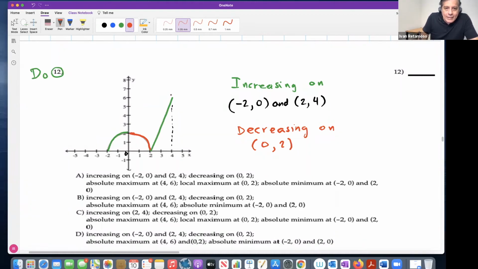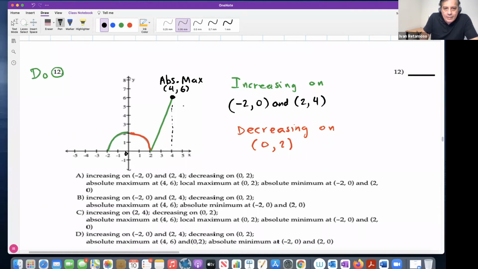First thing, the largest output value, it's clearly this, right? Largest output value here, this one. So this should definitely be our absolute max, right? Absolute max here, this point. This is 4,6, right? 4,6.